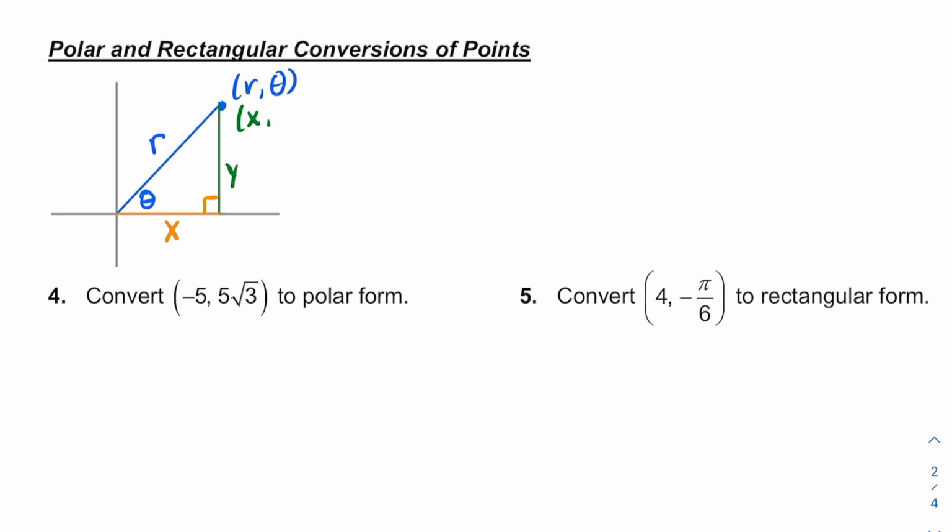So this point could be described as r comma theta, but it also could be described as x comma y. Our goal is to make some equations that will work as formulas for us that connect the radius and the theta to an x and a y value. And we're going to do that using Pythagorean theorem and trigonometry.